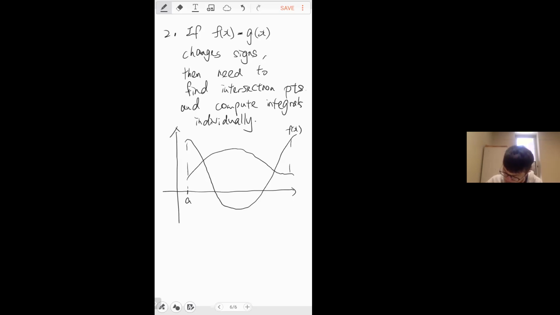Say this is A, this is B. Let's call this one C, this one D. So C and D are the intersection points. And then I want to find this area plus this area plus this area.